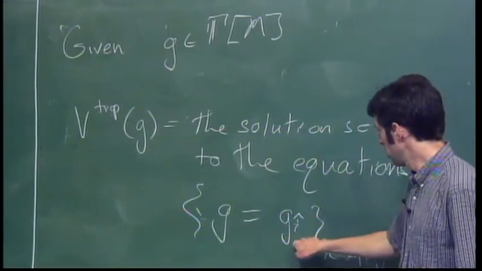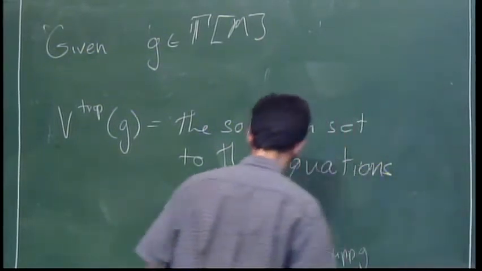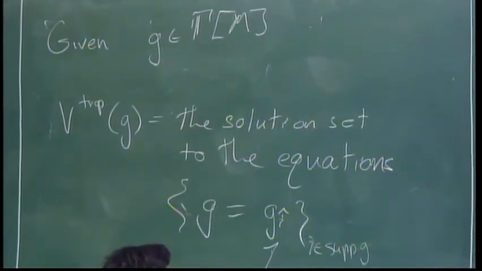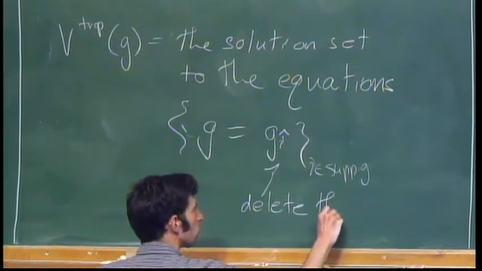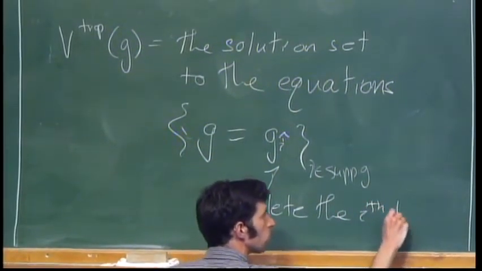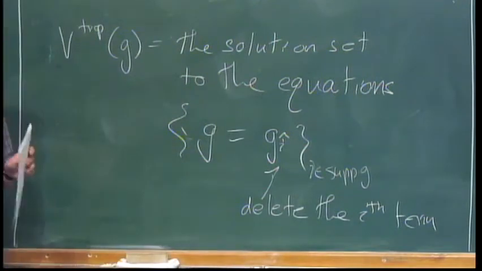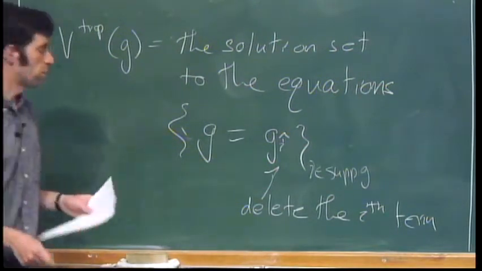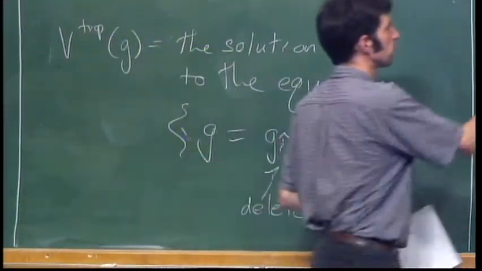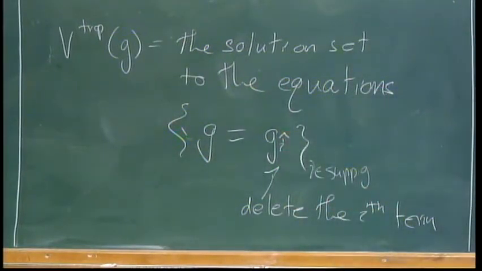So G is my polynomial. G i hat just means we are going to take G and delete the ith term from it. We're going to leave one term out. So a quick example.